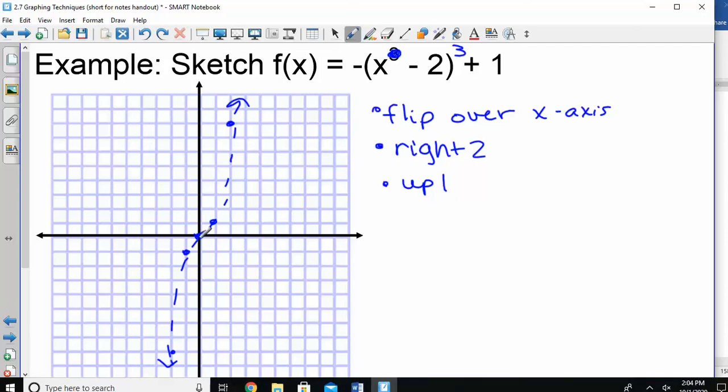So if I take a point, 0, 0, if I flip that, does it go anywhere? Move it right 2, up 1. If I take 1, 1, and flip it, it comes down to negative 1. Then right 2, up 1.